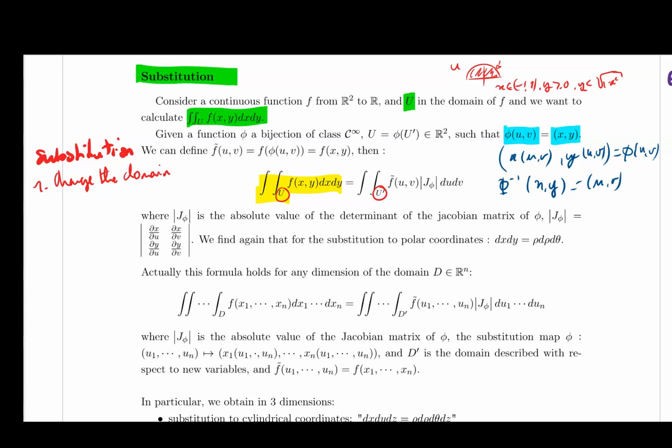And that's describing that half disk. But in polar coordinates, this is going to be very easily described.